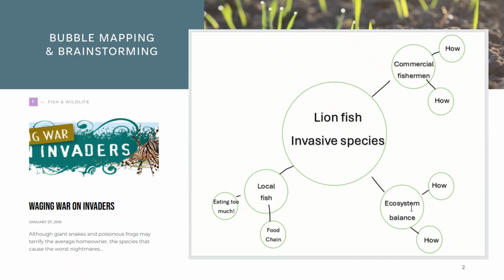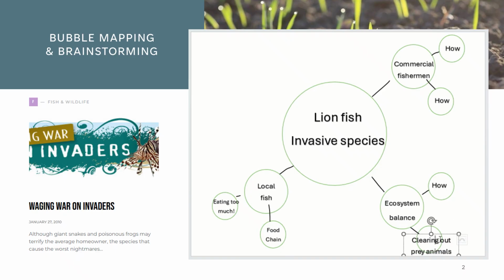Now let's look over here at the ecosystem balance. So if lionfish are an invasive species, they're causing a problem for the ecosystem balance. How is that a problem? They are clearing out prey animals.